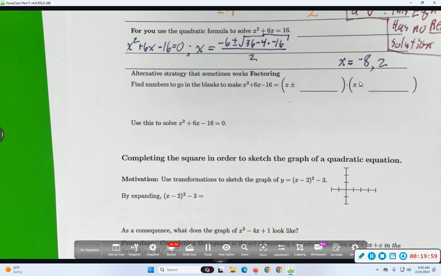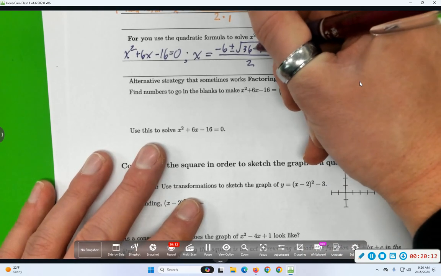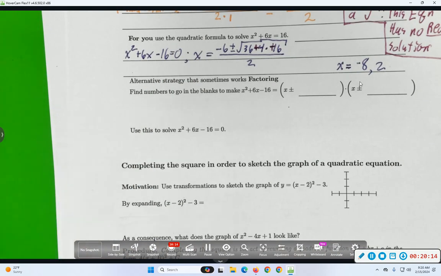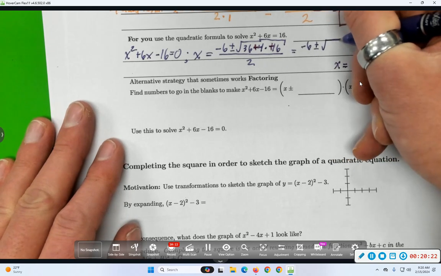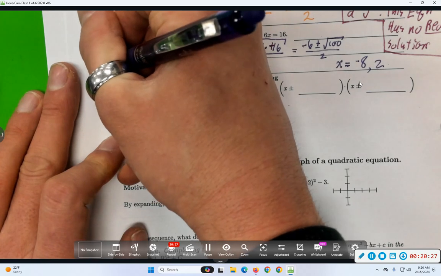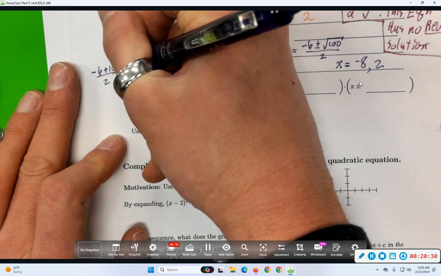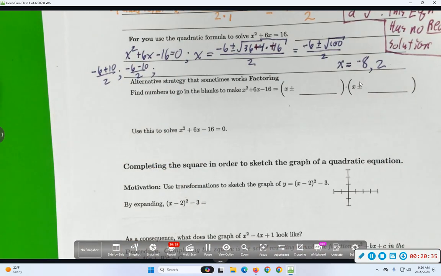All right, well, you all know what 4 times 16 is already, because you already did the problem. 32? 64. And it's going to become positive, so let's cancel those negative signs. Is the thing inside the square root 100? Yeah. Awesome, okay. Negative 6 plus or minus the square root of 100, over 2. So I see negative 6 plus 10 over 2, and negative 6 minus 10 over 2. So far, so good.